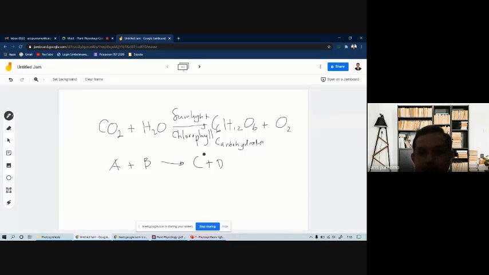We cannot simply combine carbon dioxide and water to make a carbohydrate. So it's not a simple reaction. For a simple reaction, maybe we can write A plus B becoming C and D. This is a complex reaction happening in living things, especially in plant.